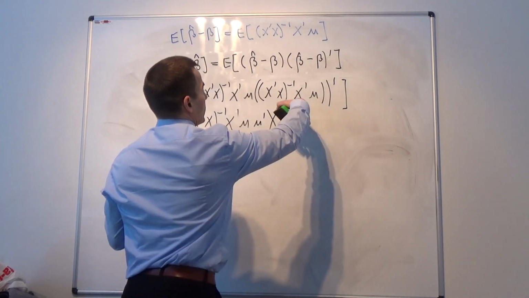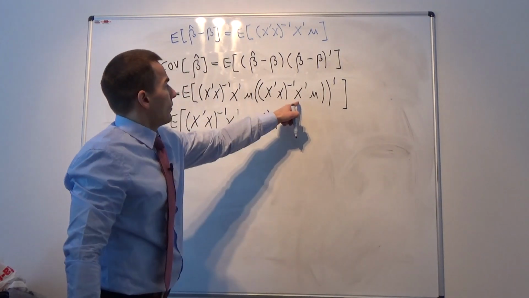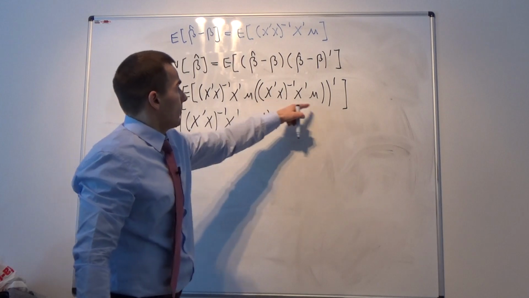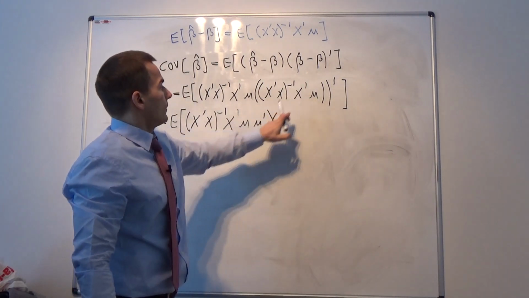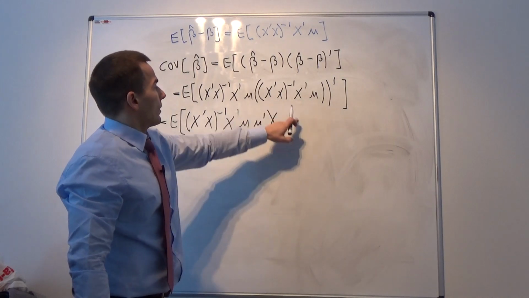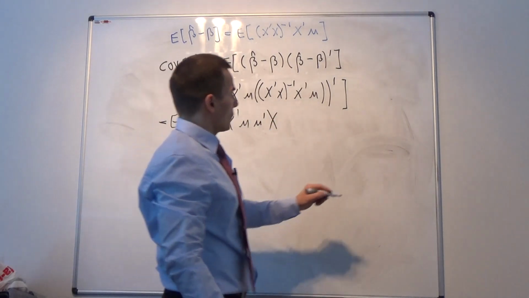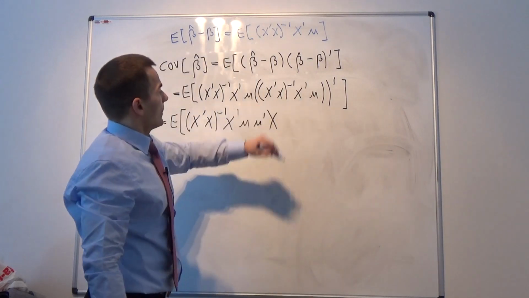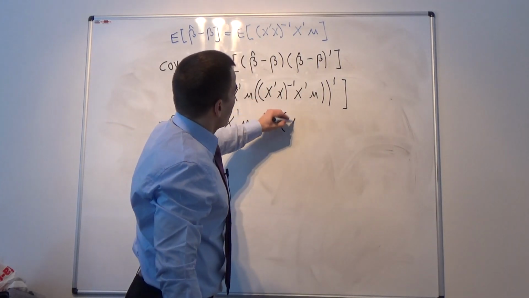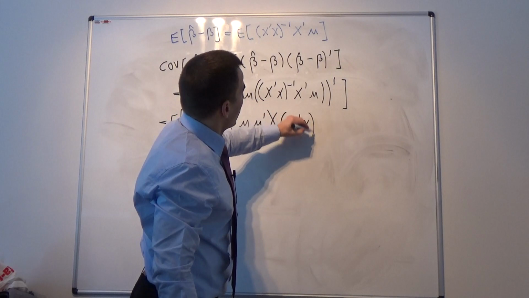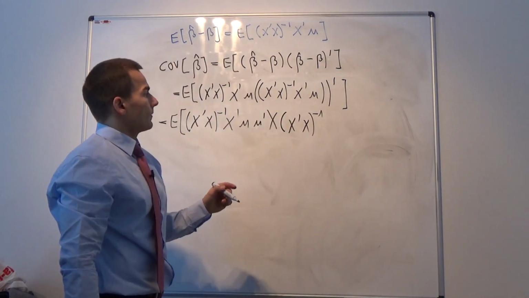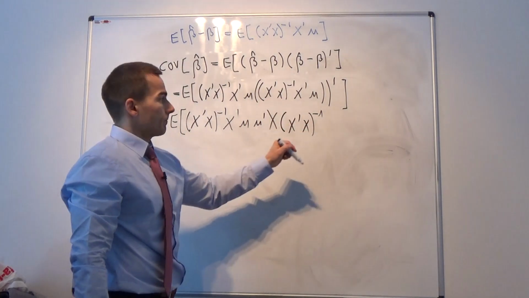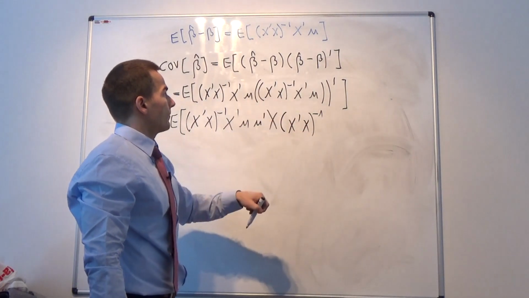The third element becomes the first, the second is still the second, and the first one becomes the third, because we have three elements. And what we also know is that X transposed X inverted, transposed, is the same. This guy remains the same.